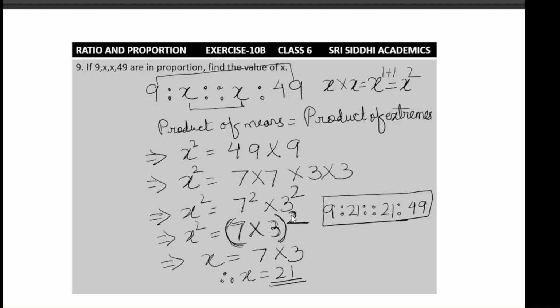So x squared is (7 into 3) squared, so x will be equal to 7 into 3. So x becomes equal to 21. Okay, so this is how we will solve questions of this type. We just have to be clear with powers.